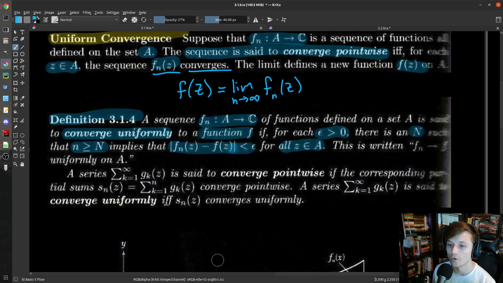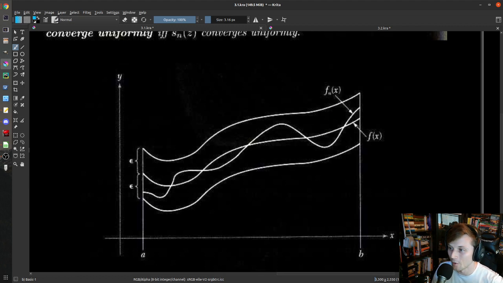So the idea here is that you're sticking in like a little band, right? The nth one never gets more than an epsilon away from your function. So the furthest distance it ever gets is never more than epsilon in either direction, above or below, something like that. And so, if they just keep getting closer and closer, then that's uniform convergence.